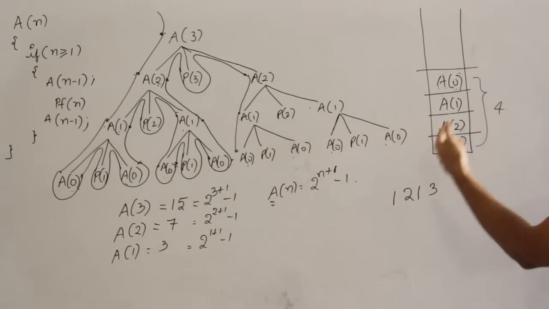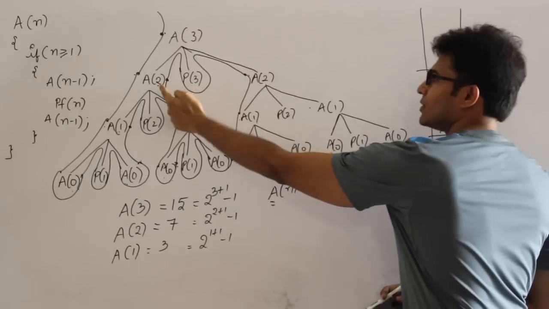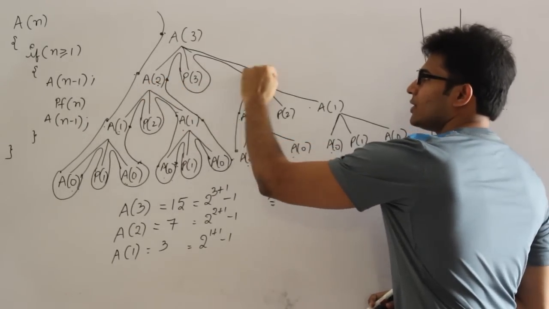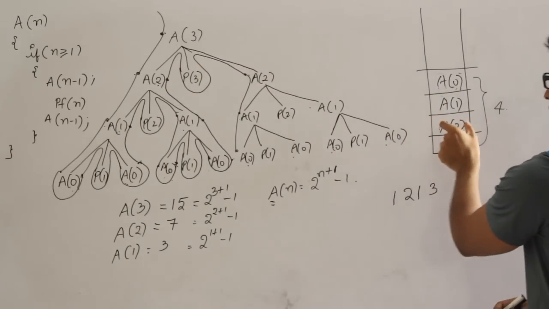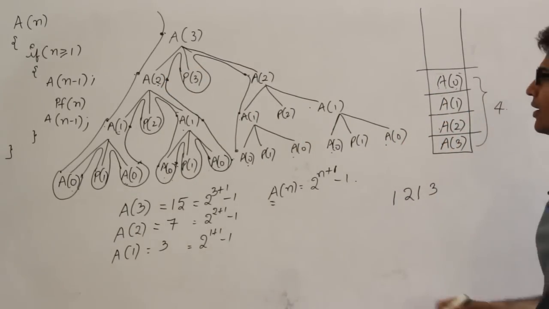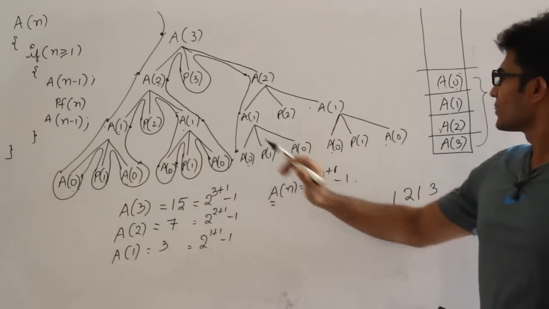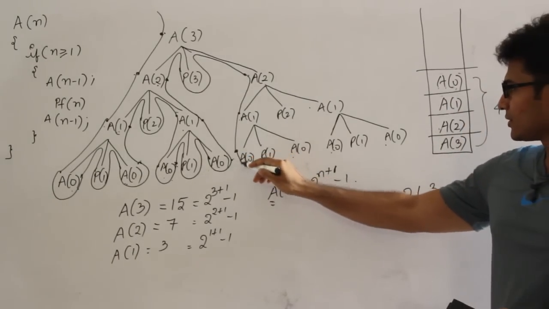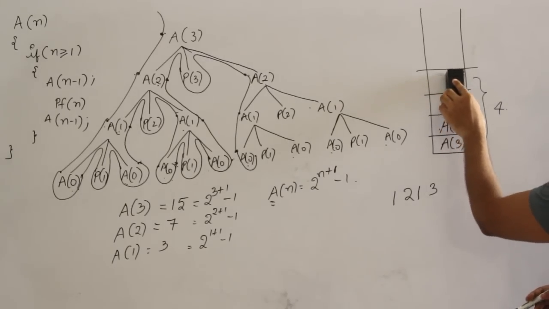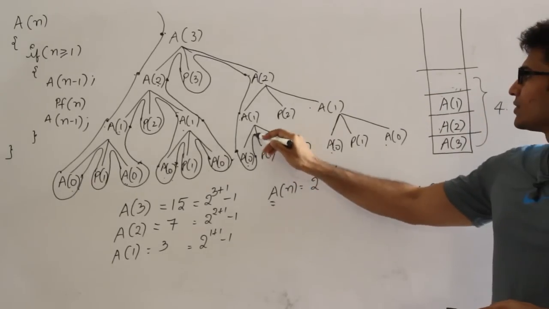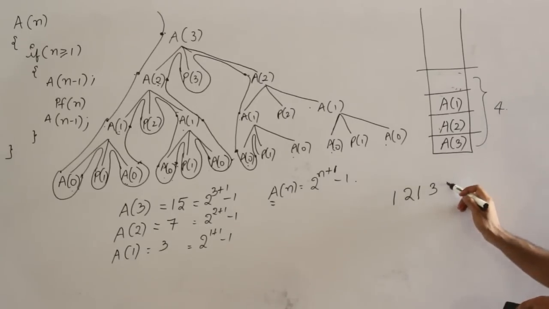It is occupying the same cell which was occupied by the previous A of 2. Therefore, all the function calls which are at the same level are actually occupying the same cell one by one, right? And now it is A of 0. So A of 0 is being pushed. And this is the last time A of 0 is visited. Therefore, pop off A of 0. And now you are visiting printf 1. So print 1.